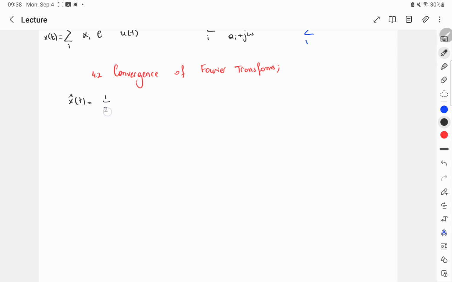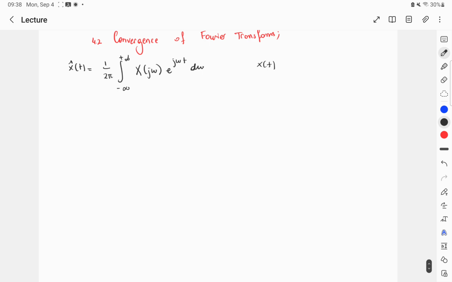If this formula is a valid representation of the original signal x(t), then we can say that x(t) is convergent.